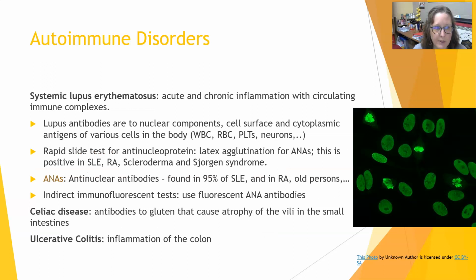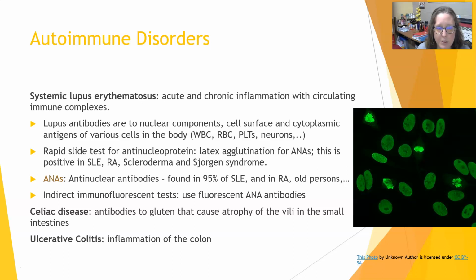And then we have systemic lupus erythematosus, also known as lupus. It is an acute and chronic inflammation with circulating immune complexes. So it tends to be a mix between a type 2 and a type 3 hypersensitivity reaction. The lupus antibodies are usually to nuclear components, so components of the nucleus, but also the cell surface and some of the cytoplasmic proteins.